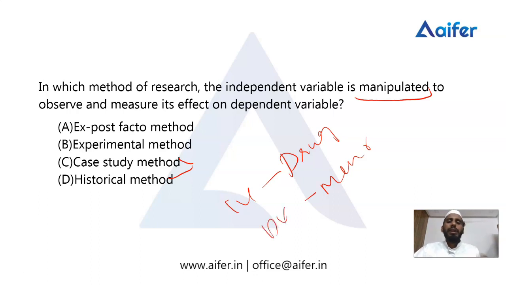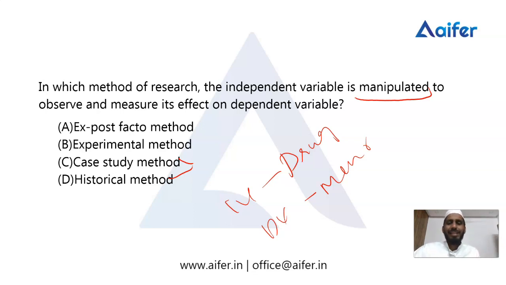So the researcher should manipulate the drug, which means the researcher will give the drug to some participants in the experimental group, and will not give the drug to the control group. That is the meaning of manipulation.